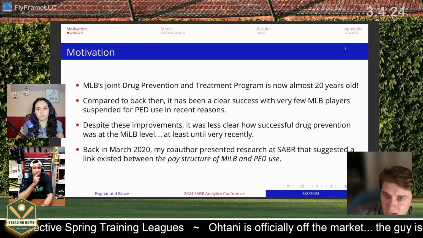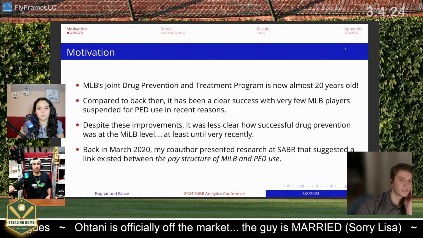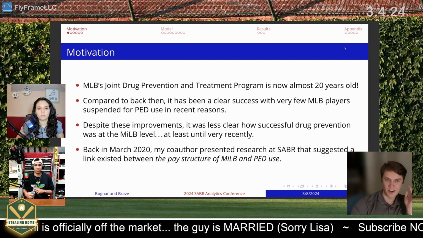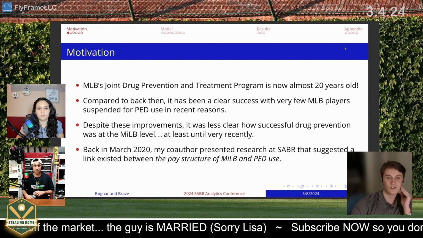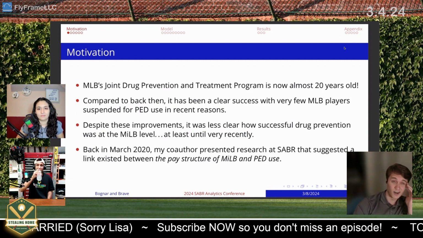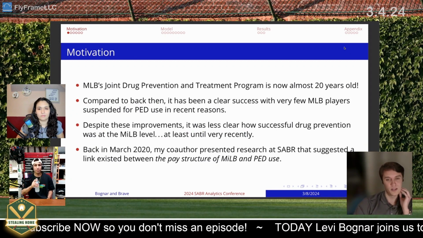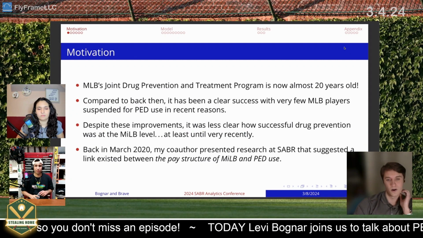The first thing I want to do before diving into everything is take a moment to celebrate the fact that MLB's joint drug prevention and treatment program is almost 2 decades old. 2, 3 decades ago, there was a huge problem with PED use in Major League Baseball.